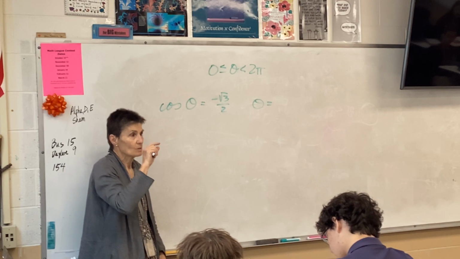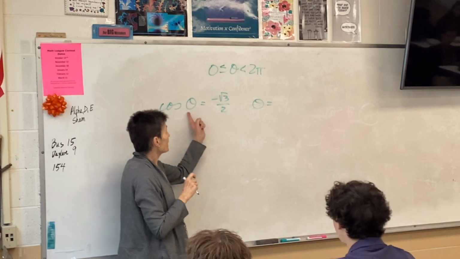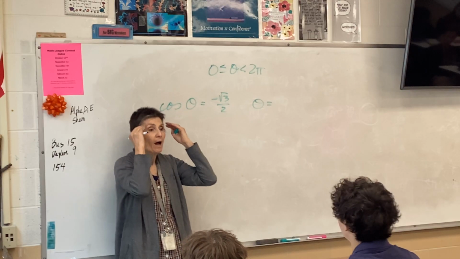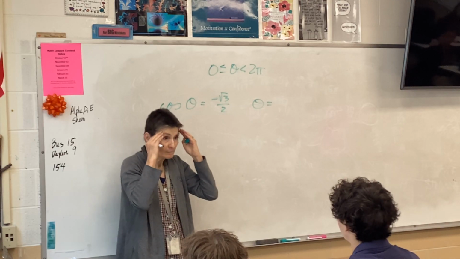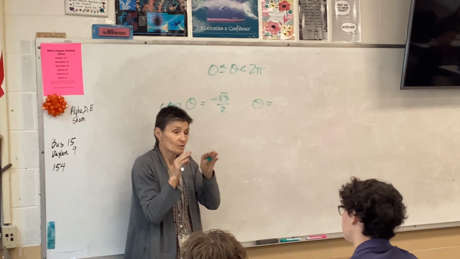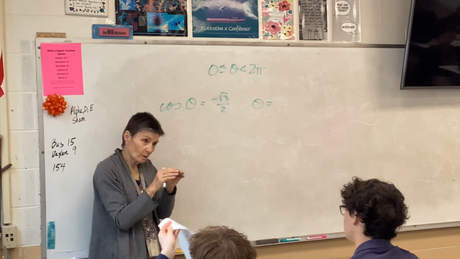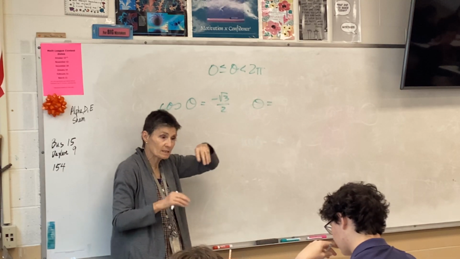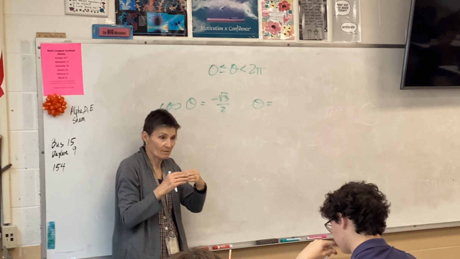Okay, so what do you think? Cosine is x. Think about your unit circle. Well, 210 would be a degree. I want that in radians. I want it in a radian measure, so not 210 degrees, but maybe the equivalent of that.